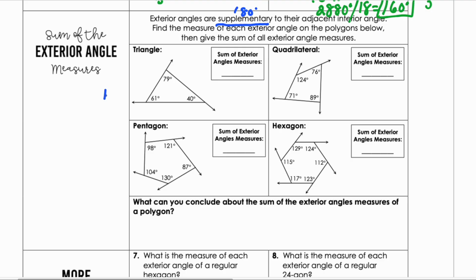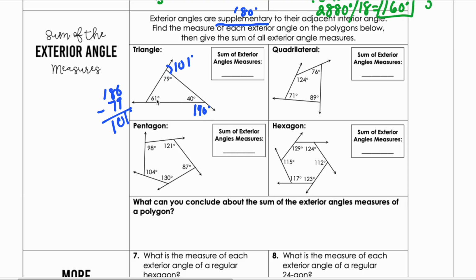So if I take my 180 degrees and subtract 79 for this side, then I can say that the exterior angle is 101 degrees. Same thing here. If I subtract 40 from 180, I'll get an angle of 140 degrees.